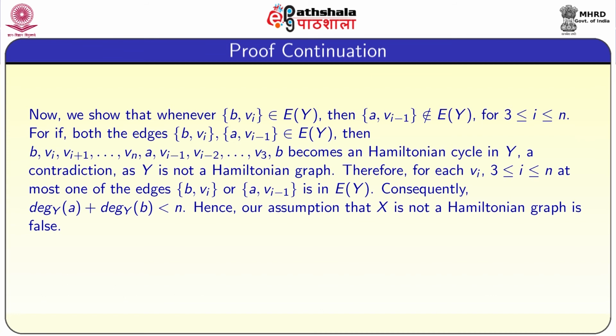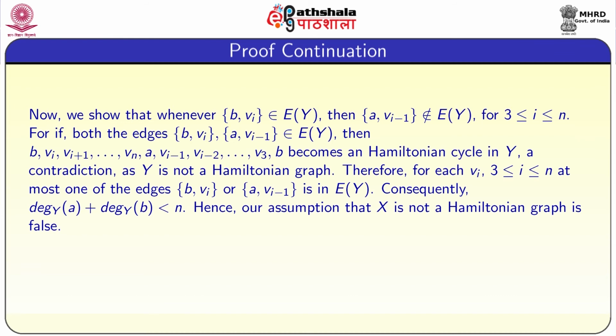If both the edges b vi and a vi minus 1 belong to E of y, then b vi plus 1 and so on vn comma a vi minus 1 and so on vi minus 2 and so on v3 b becomes a Hamiltonian cycle in y, a contradiction. y is not a Hamiltonian graph.